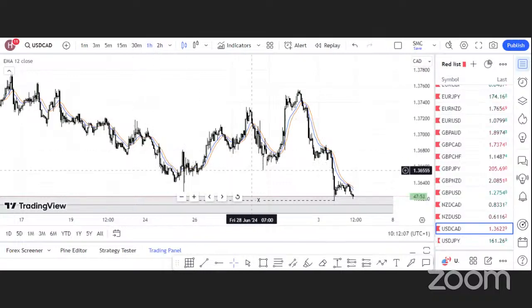So all of these levels are inducement levels. These are levels the market had induced earlier.